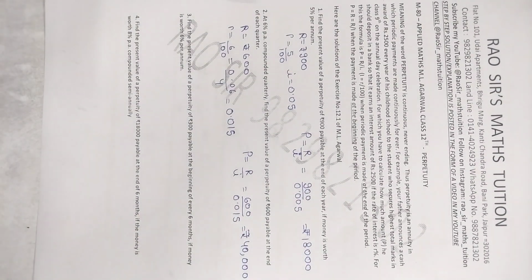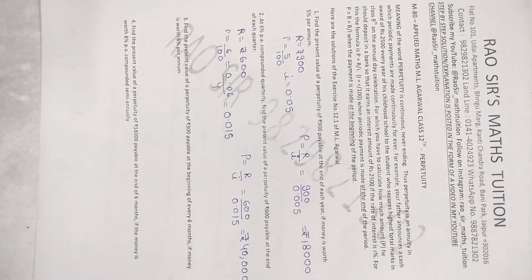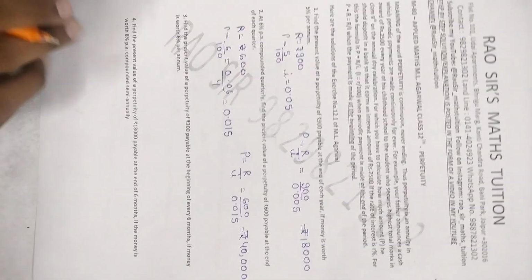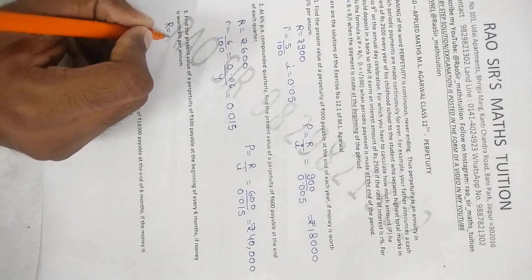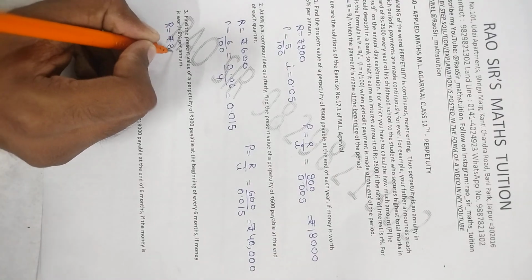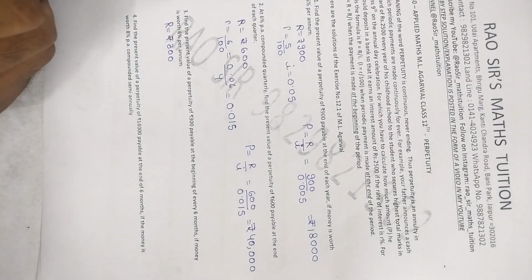Go through the third question. Find the present value of a perpetuity of rupees 300 payable at the beginning of every 6 months if money is worth 6% per annum. Here again, we have to find out P. R is given as 300, and the rate of interest is 6% per annum.